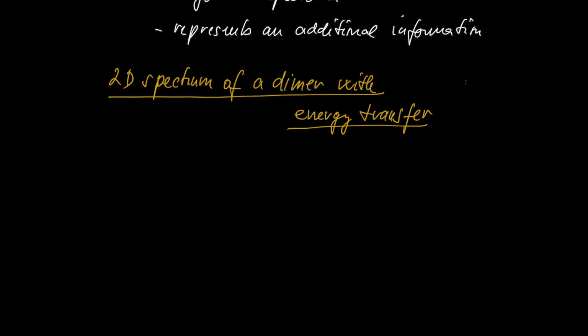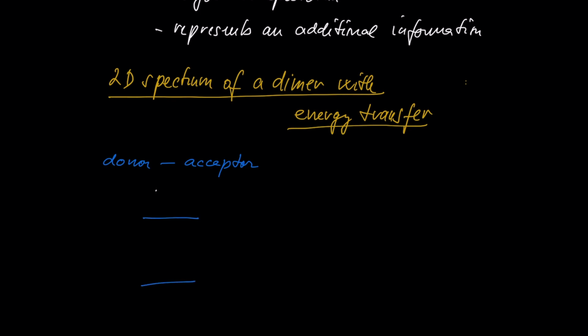Okay, so let's be practical now and try to turn everything into some calculations. So we'll be looking at a dimer, two molecules, as was already said, donor and acceptor molecules. They will have the following states.